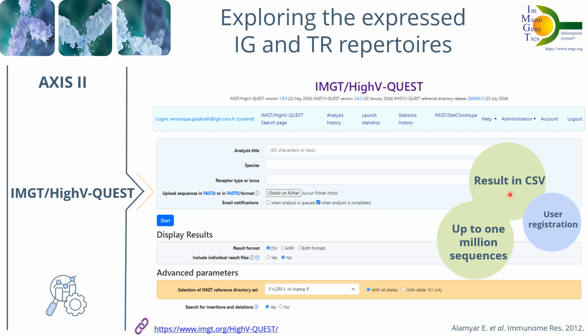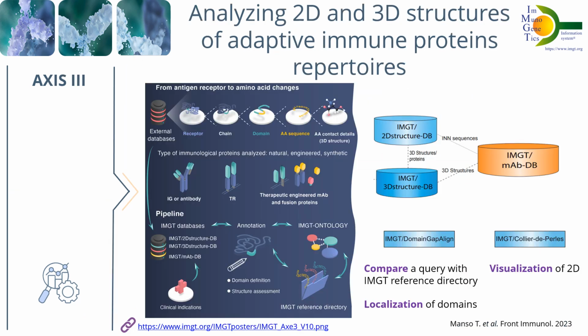The output of the results can be given in CSV format as well. I'm not going to go into the details of these tools as they will be the topic of dedicated subsequent webinars. This slide concludes the overview of the second axis of research and development within IMGT.